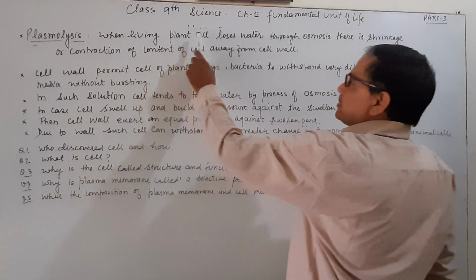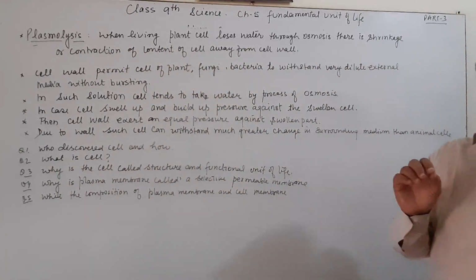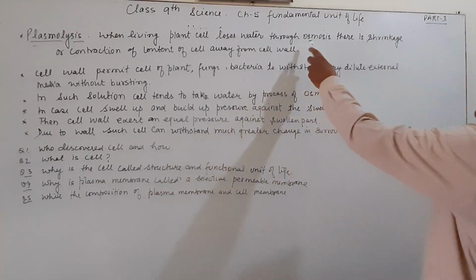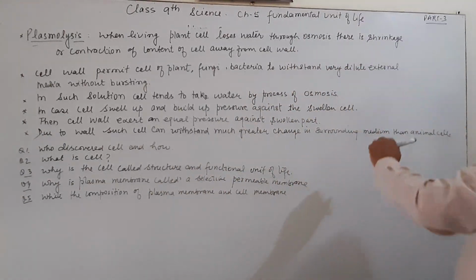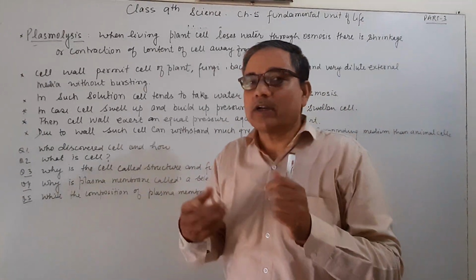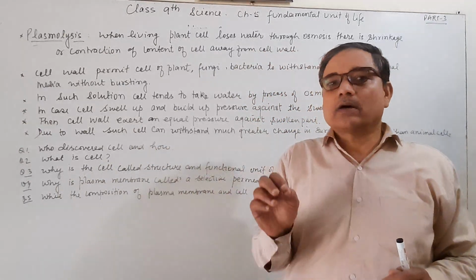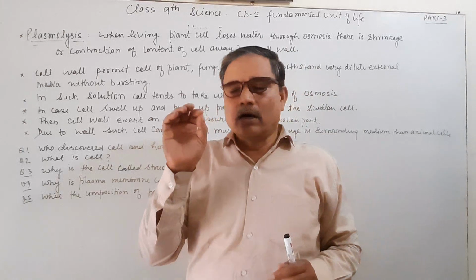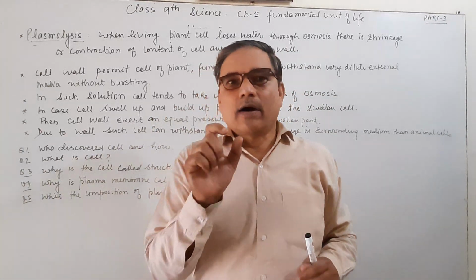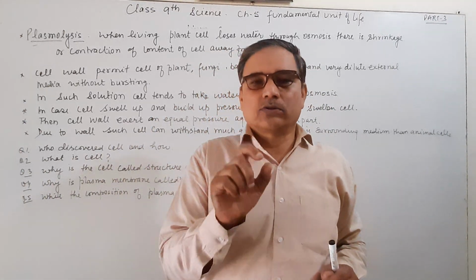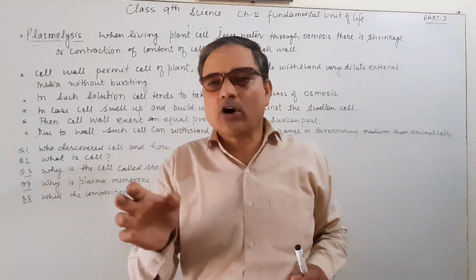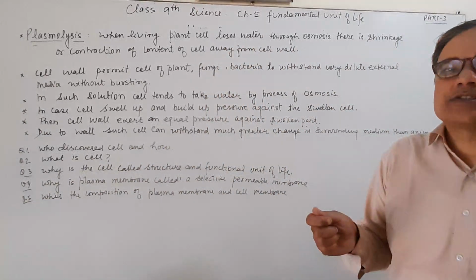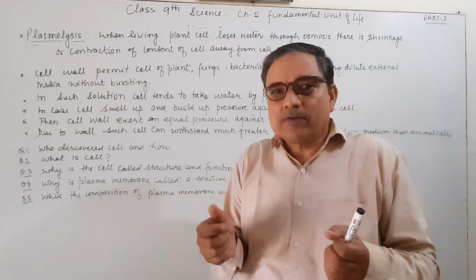Under what condition does the plant cell lose water, so that there will be shrinkage? Hypertonic, isotonic, or hypotonic? In a hypertonic solution, the cell loses water through the process of osmosis. Then there will be shrinkage of the cell contents.